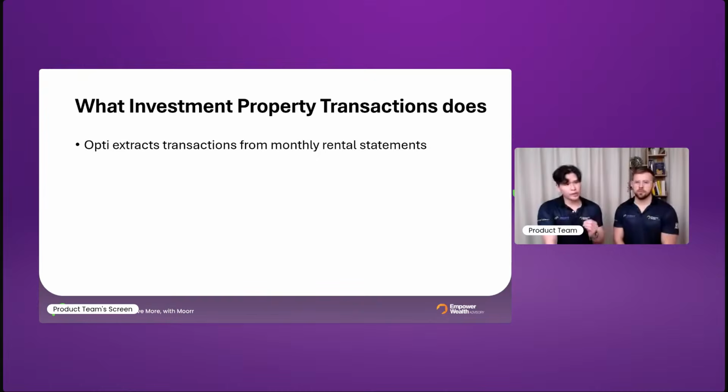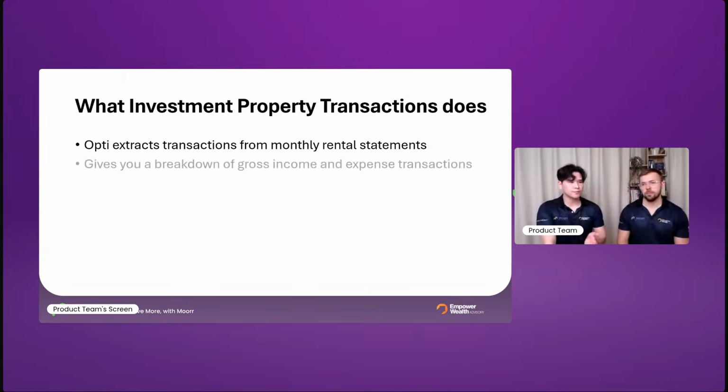So with regards to investment property transactions, we'll be using Opti as our AI to go ahead and extract your monthly rental statements transactions, and that'll build out your gross rental income and all of your individual expense transactions line by line inside Moorr, so that you don't have to do it yourself.